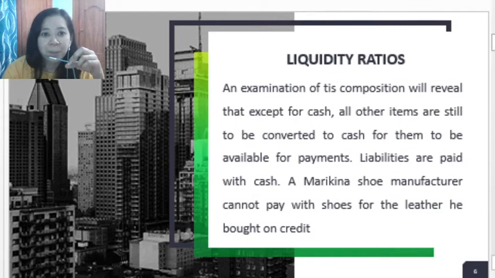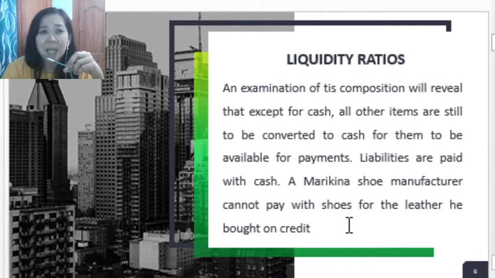Liabilities are normally payable in cash. There are also liabilities that can be paid with items of non-cash assets, but most commonly, we use cash as payment for liabilities. For example, an American shoe manufacturer cannot pay with shoes for the leather that they bought on credit.